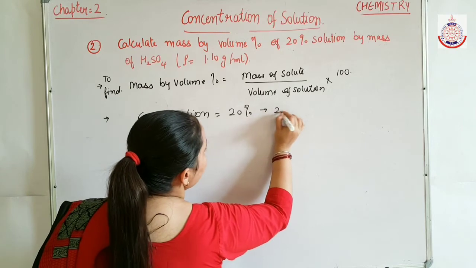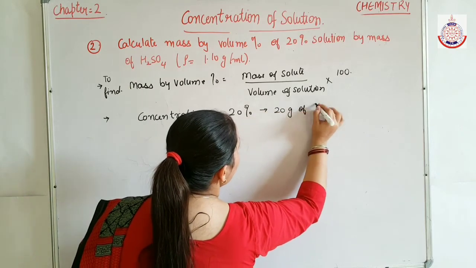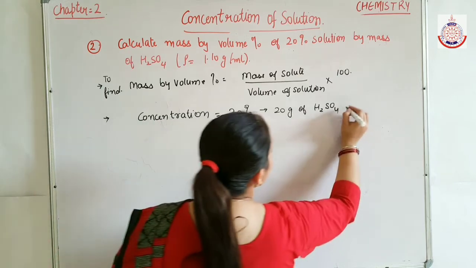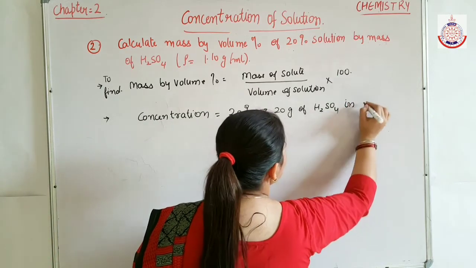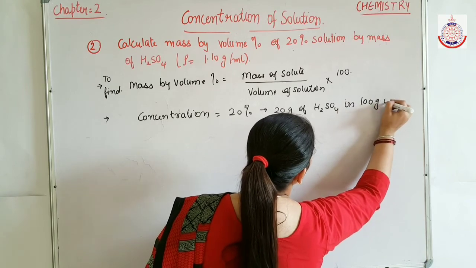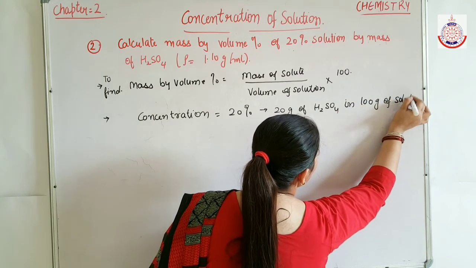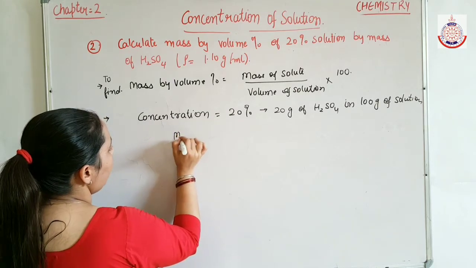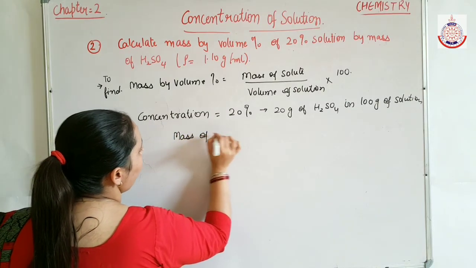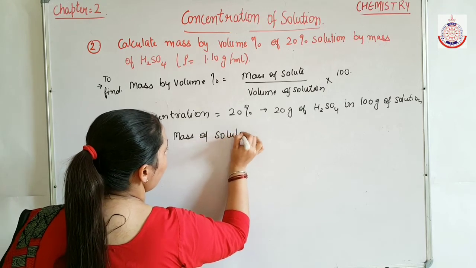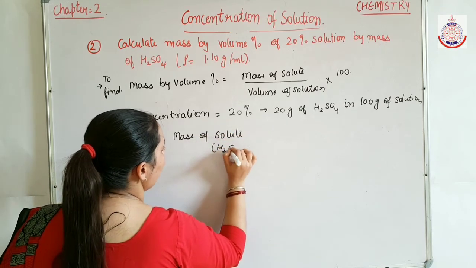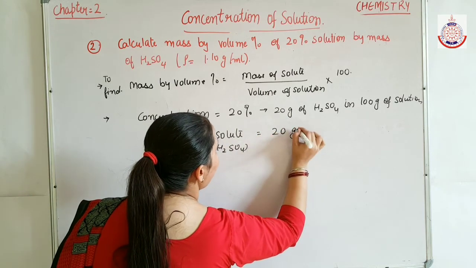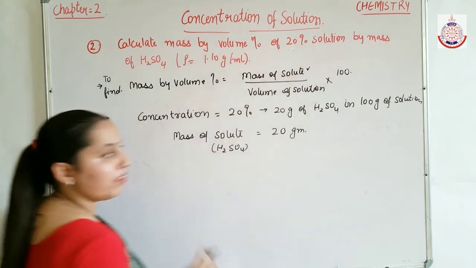It means that 20 gram of sulfuric acid is present in 100 gram of solution. So from here you will conclude the mass of solute. Here the solute is sulfuric acid, H2SO4, and the mass of the solute is 20 gram. The first thing I have calculated.